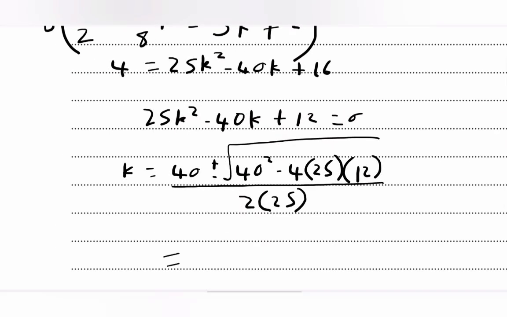And you get 40 plus root of 40 squared minus 4 times 25 times 12, over 2 times 25. That is giving us k to be 1 and a fifth, or for the other value where we take the minus, we're getting k to be 2 over 5.